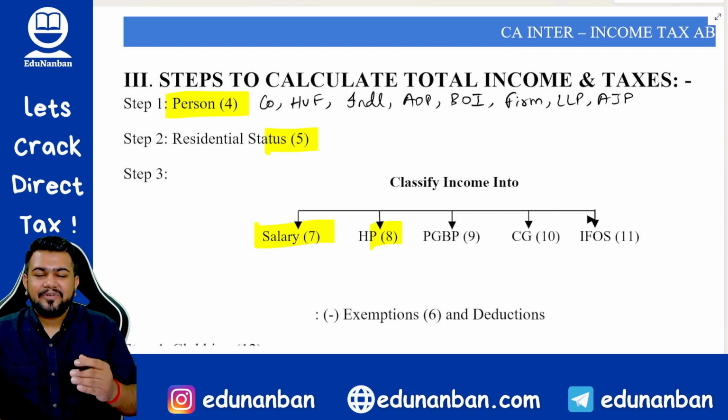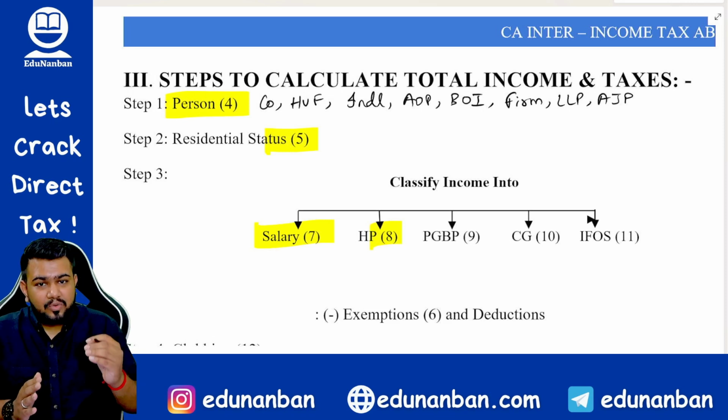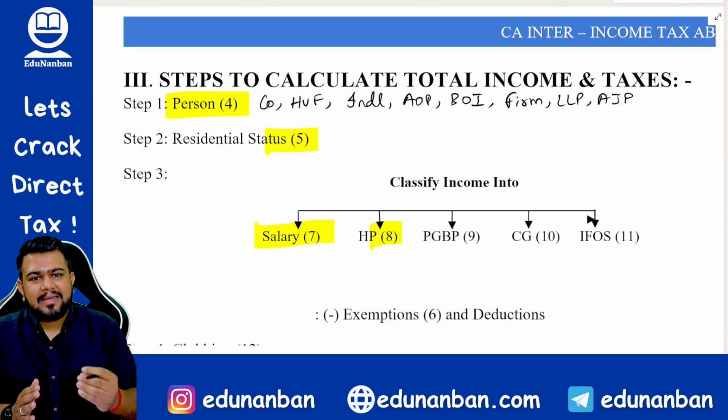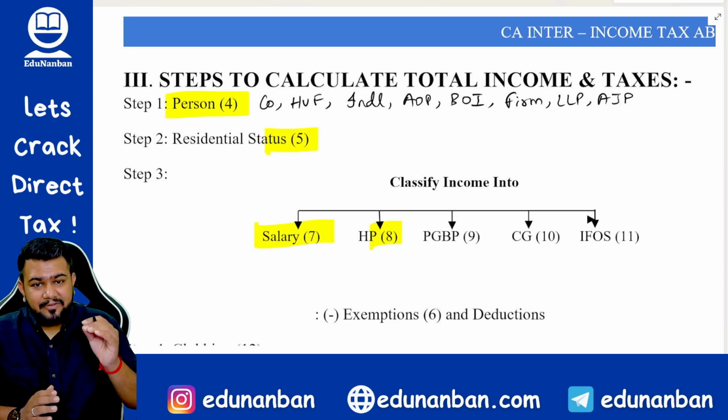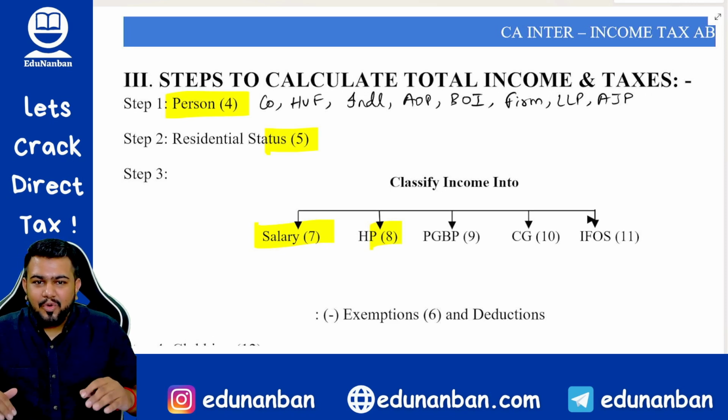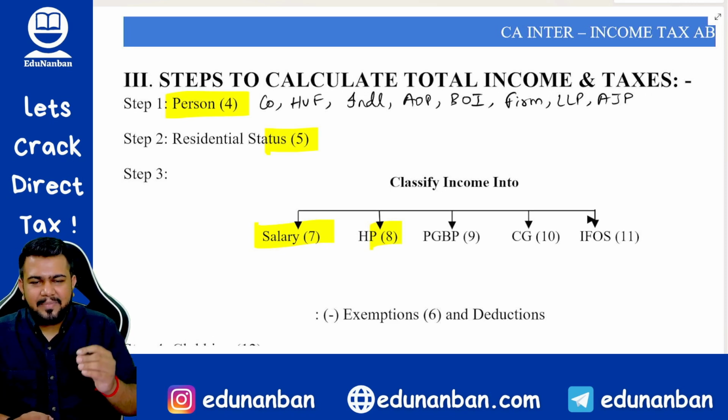So all these different types of persons are there, and for every type of person, the rules to calculate the income tax and the rules to calculate the income are completely different. Hence, firstly, you have to know for whom you are going to calculate the income and income tax. So first determine what type of a person the assessee is.